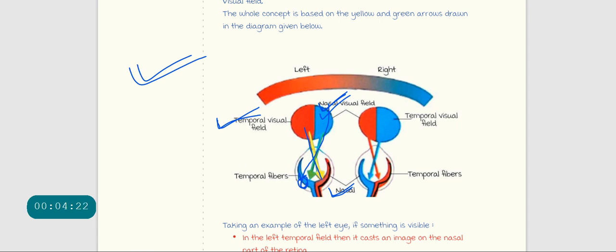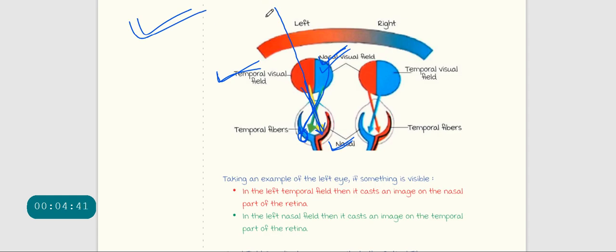And let's see why this cross concept exists. Because light travels in a straight direction. If the light is coming from here, it will pass in a straight line, and it does not bend.